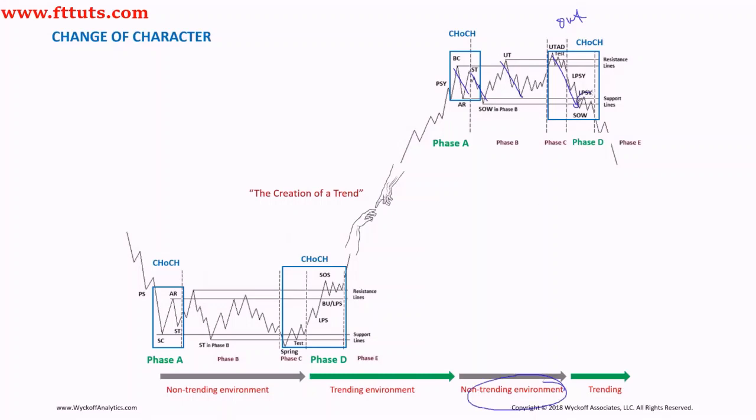And then after that, it's going to be confirmed by an attempt to rally that is going to be the worst that we've seen in this distribution formation. And therefore, we are confirming a change of behavior and a change of character before the actual move to the downside.